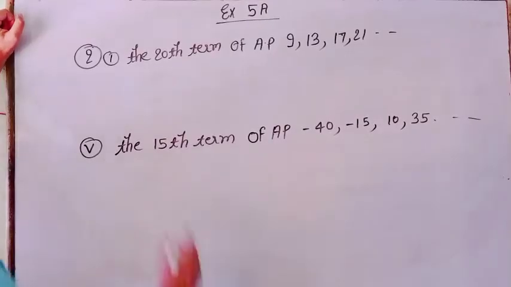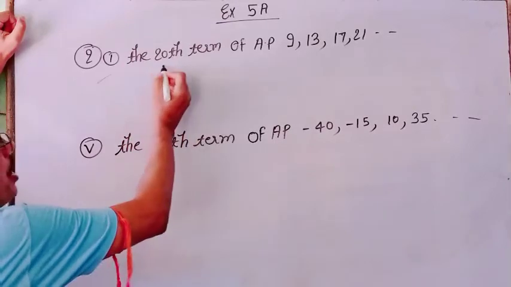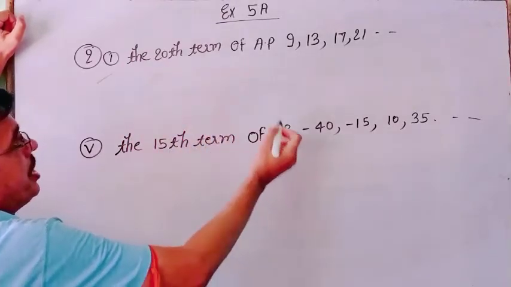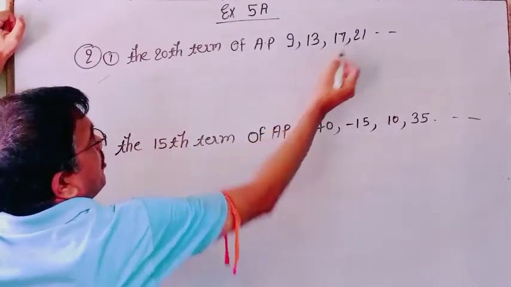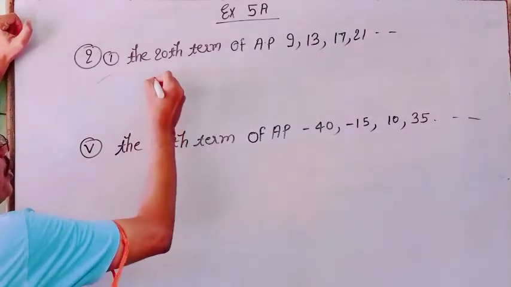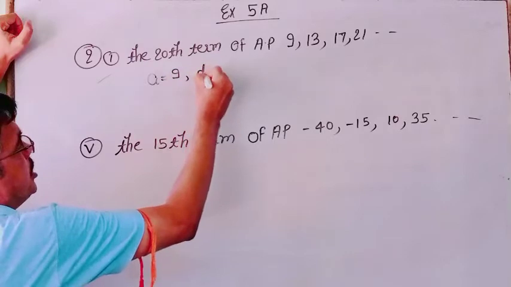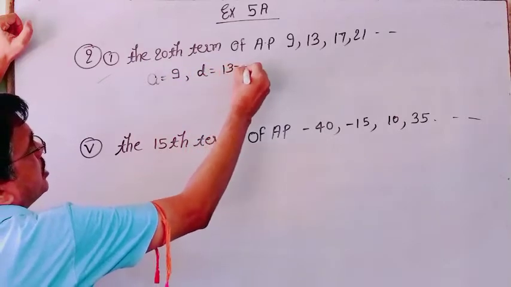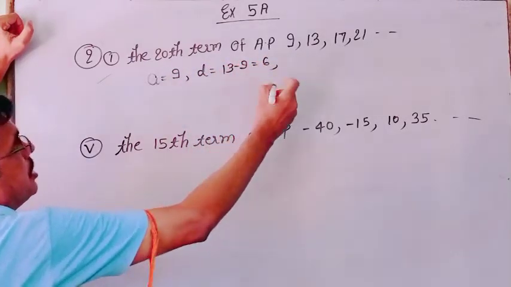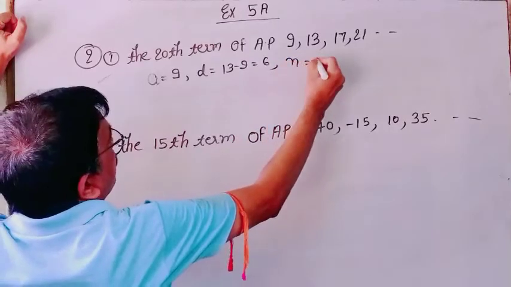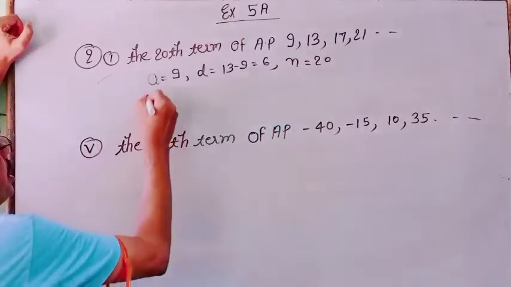Now see question number 2, that is the 20th term of the AP 9, 13, 17, and so on. So we write here A is equal to 9, D is equal to 13 minus 9, that is 4, and N is equal to 20. So what is Tn?